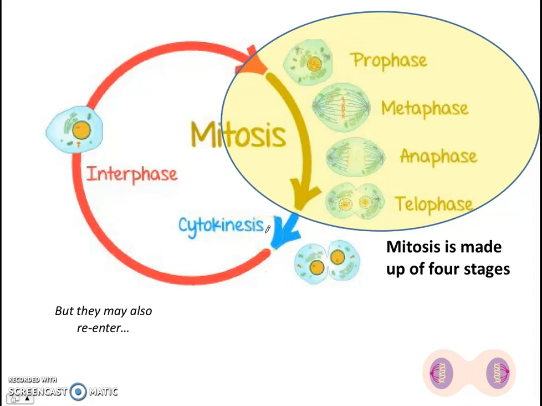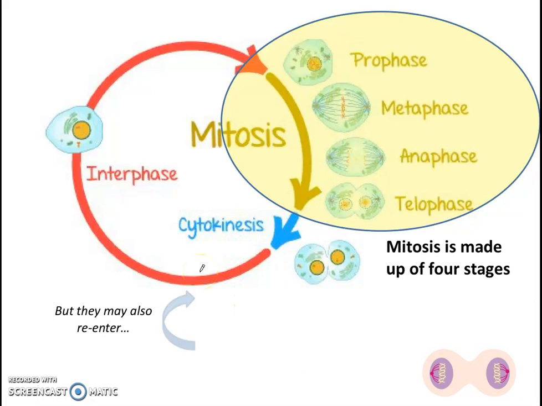Now, interestingly, not all cells keep going round and round in this cycle. Some cells, after they are formed, will not undergo mitosis. There are some cells in our body that, once they are formed, just remain there for the rest of our lives and they function. They don't have to keep dividing.